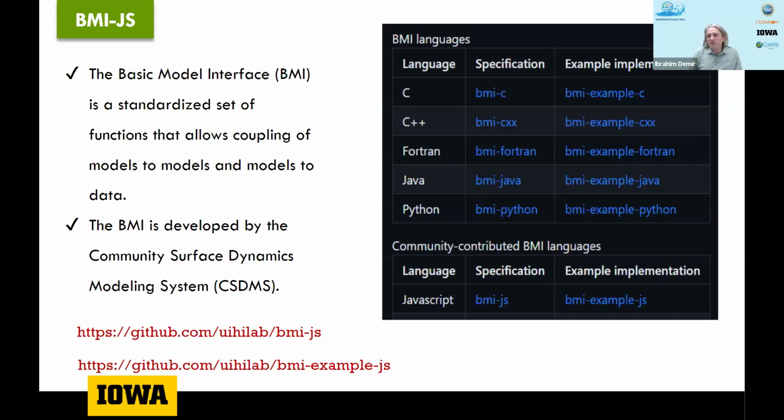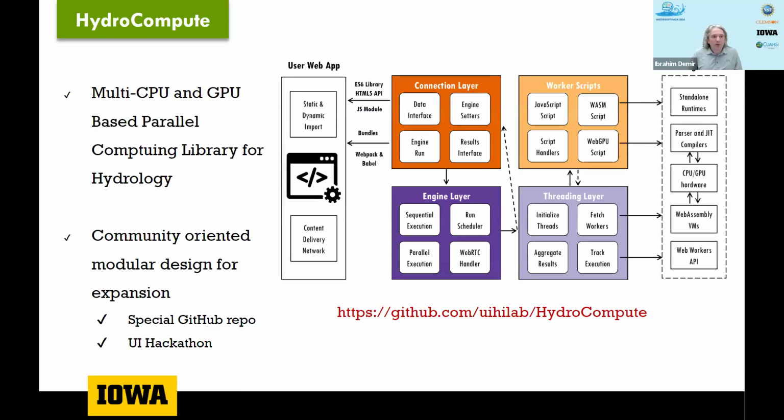There are several specifications created for BMI, including C, C++, Fortran, Java, and Python. And recently, our group created BMI JavaScript, which allows you to talk to other BMI-enabled libraries from JavaScript, as well as connect different data sets and models together. You can access BMI JavaScript from our repository as well. And Carlos will show some examples in the coming days about how to couple models together using BMI JavaScript.